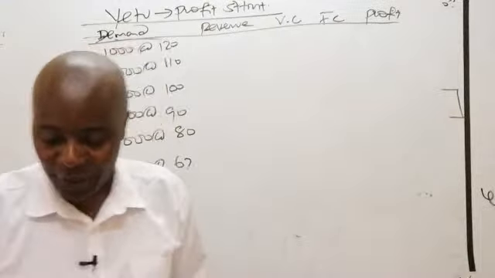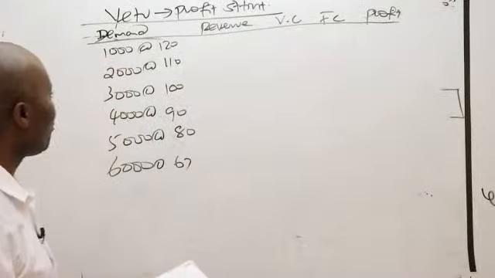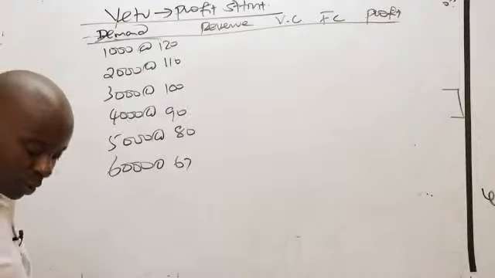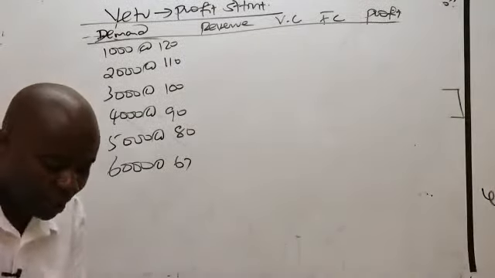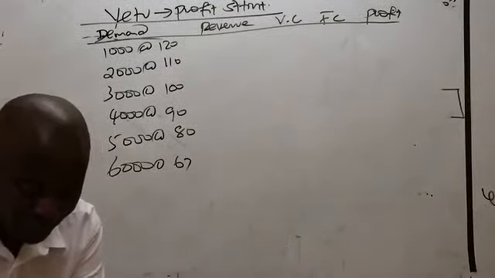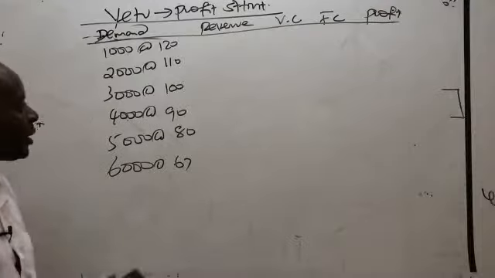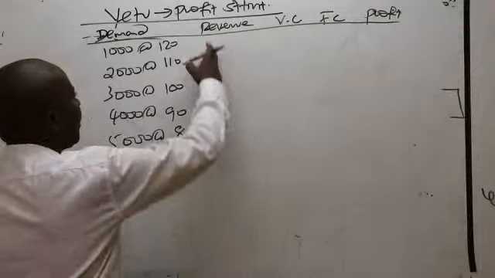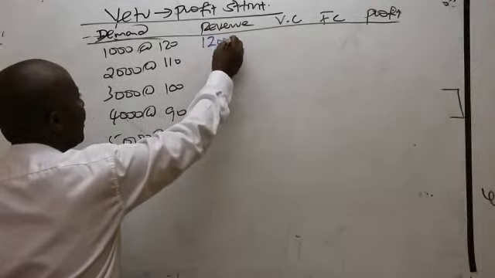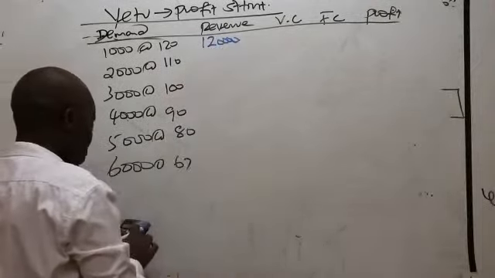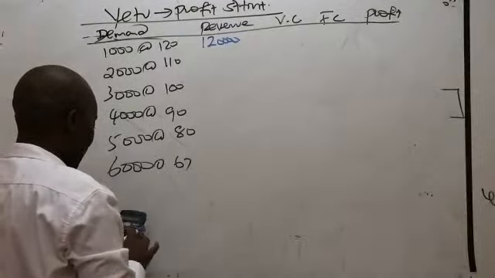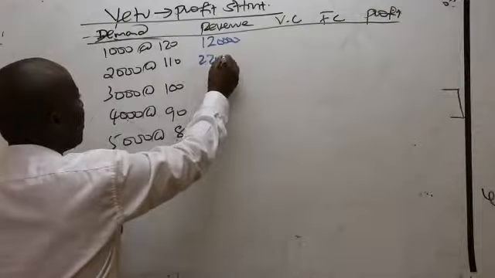So, of course, for year two limited, I don't have a problem with revenues. Revenues, I will give them very fast. So we have 120,000. This one here will be 2 times 110, which gives us 220,000.